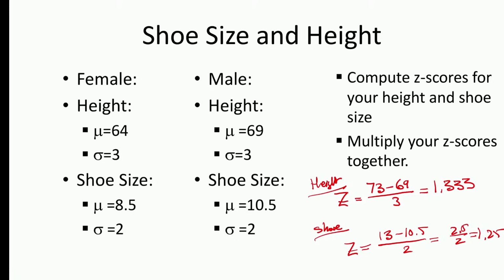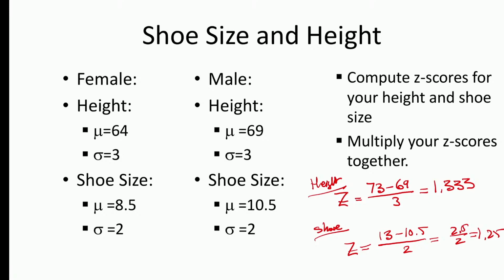That's unusual, because most of the time, if you're taller, you have bigger feet, and if you're shorter, you have smaller feet. So Sarah's unusual, which means she's special. We all knew that anyway. But the point I'm trying to make is that in general, most of the time, you're either both positive or both negative. And the reason that's important is because the next step is we're going to multiply these things together.